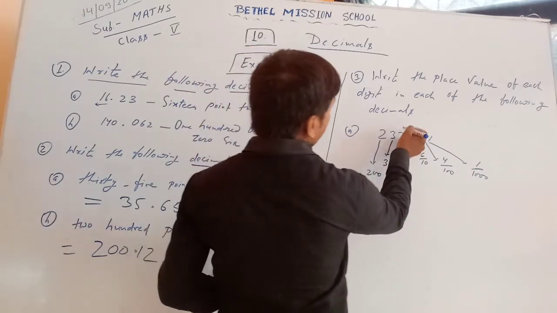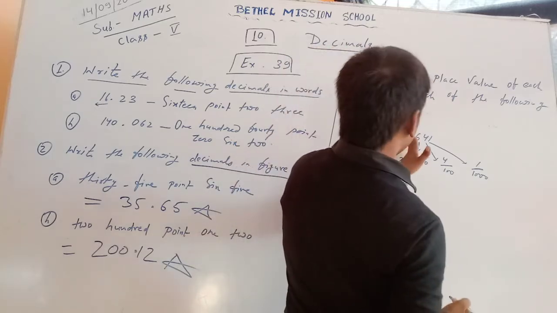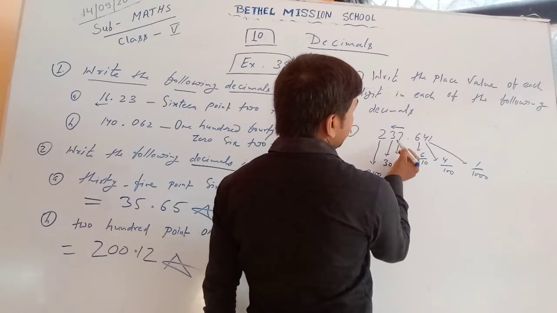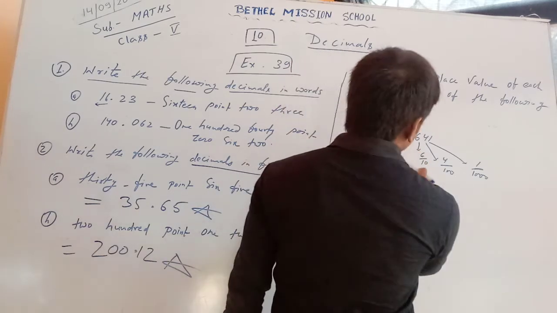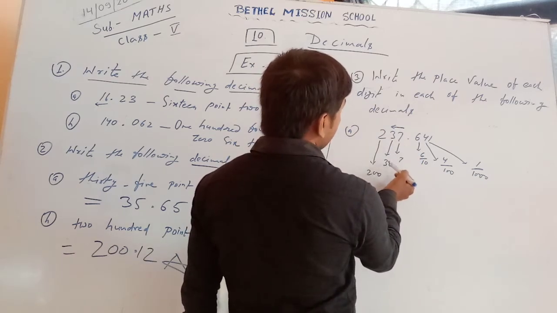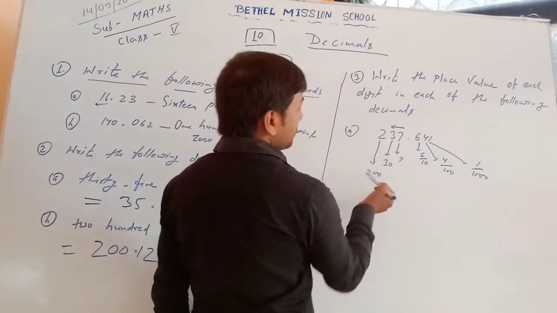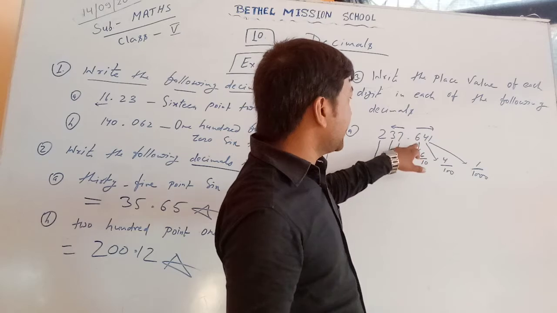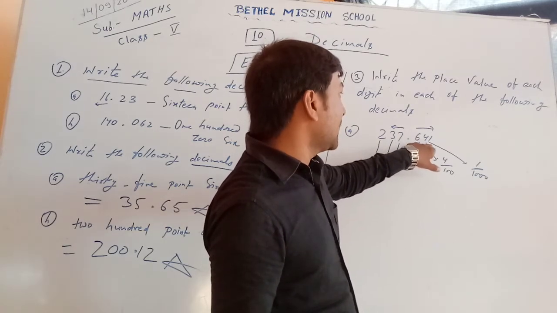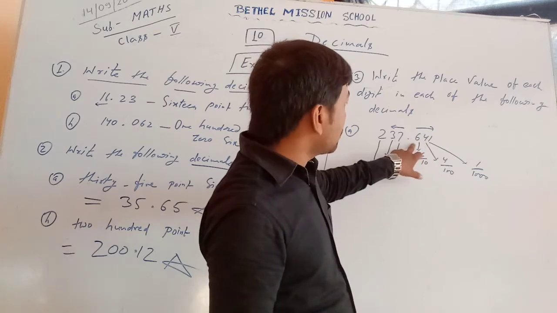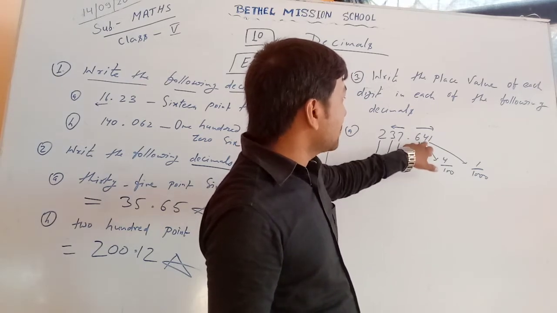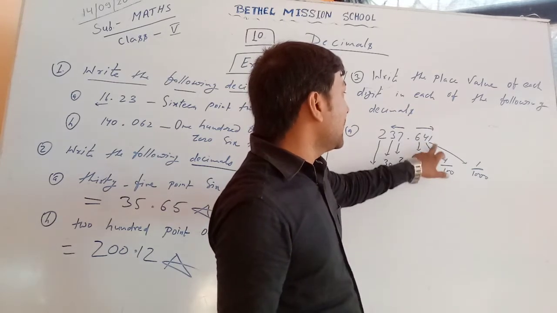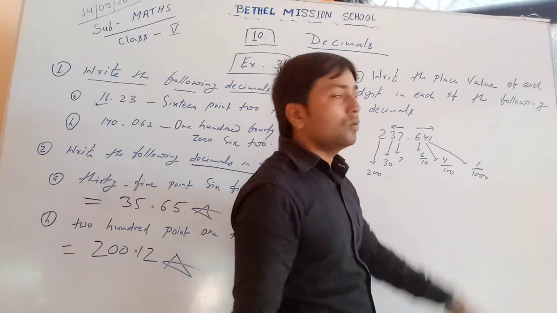You will start from the decimal and go to the left. First is the ones digit, then the tens digit, then the hundreds digit. 7 is in ones, 3 is in tens so 30, and 2 is in hundreds so 200. After the decimal, these are tenths, hundredths, and thousandths. So 6 upon 10, 4 upon 100, and 1 upon 1000.